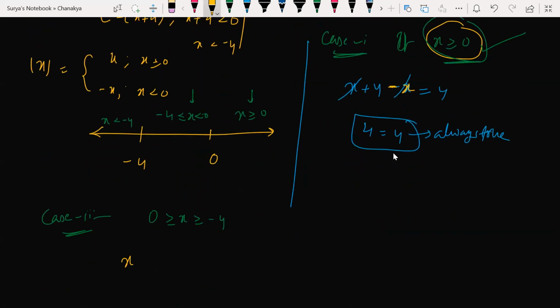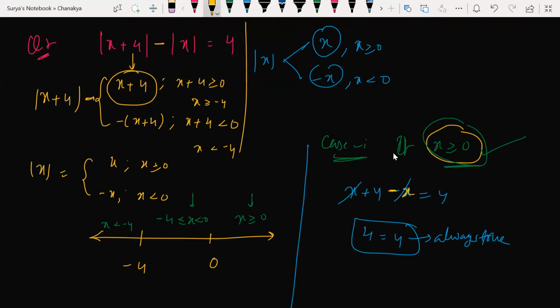Let me write that x plus 4 as it is. The minus I'm writing as it is, as per the original function. How is this function defined in this case? Is it defined as minus x or not? X less than 0. Check.